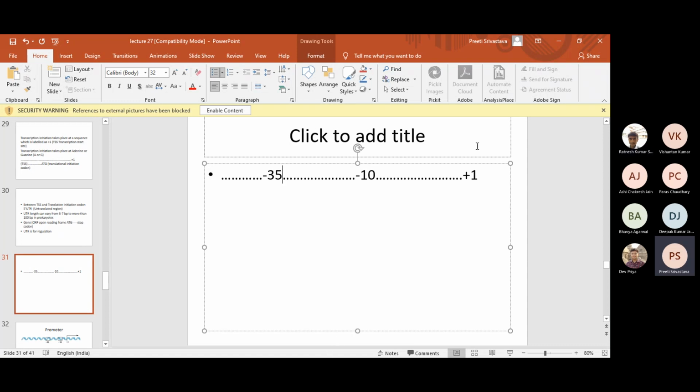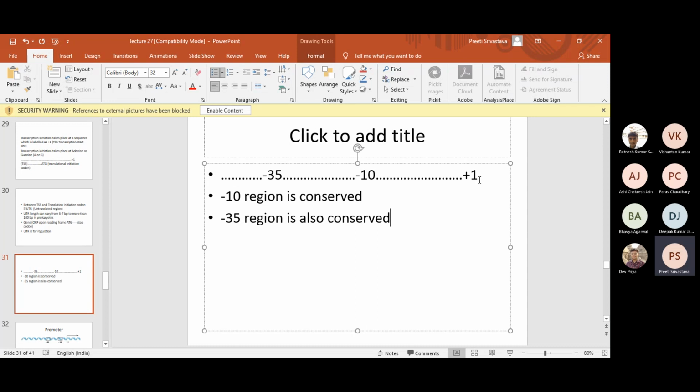So when we analyze this sequence, the -10 region is conserved, and the -35 region is also conserved.